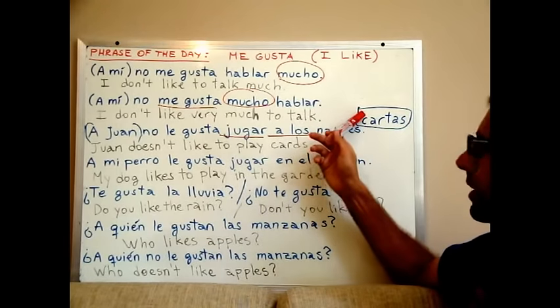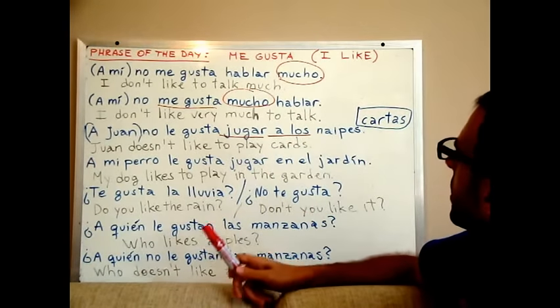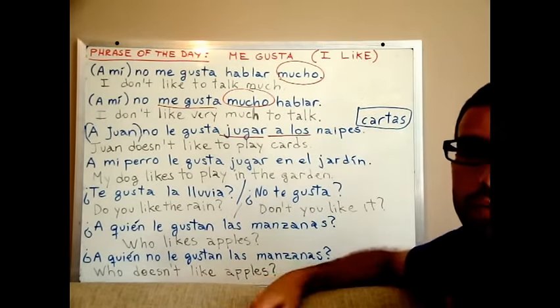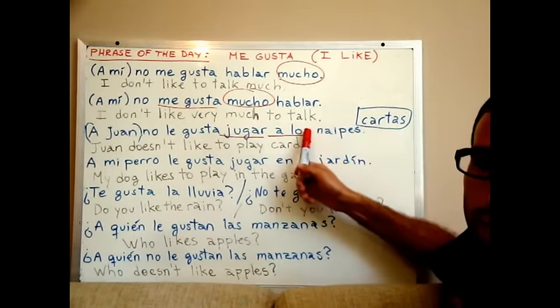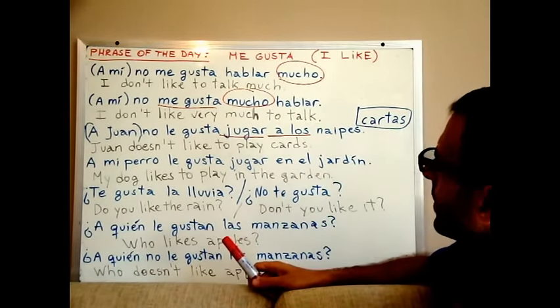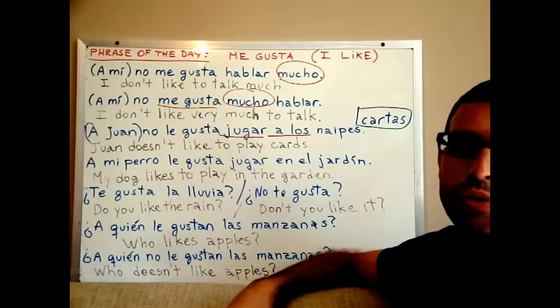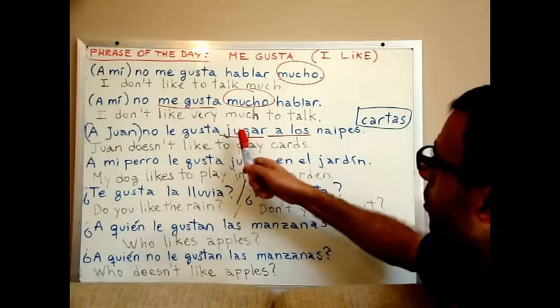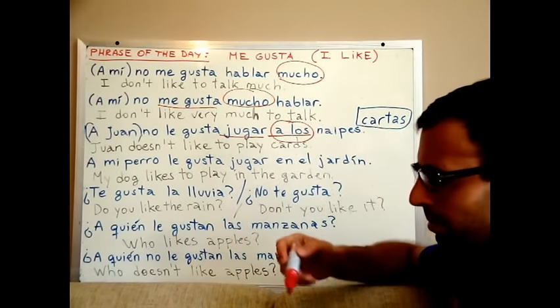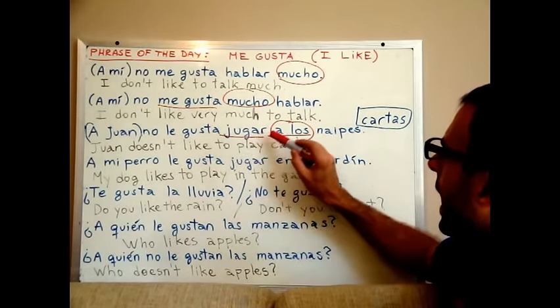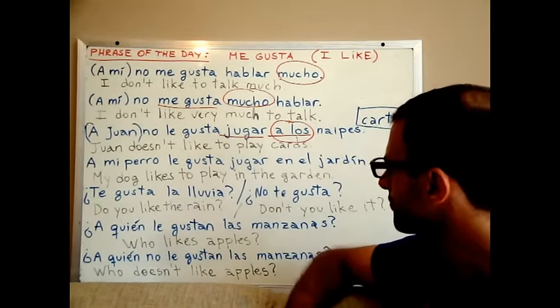That is also carta or cartas. But cartas also means the playing cards. Naipes just means the playing cards, okay? So remember, when we talk about playing cards, we say jugar a los naipes or a las cartas.